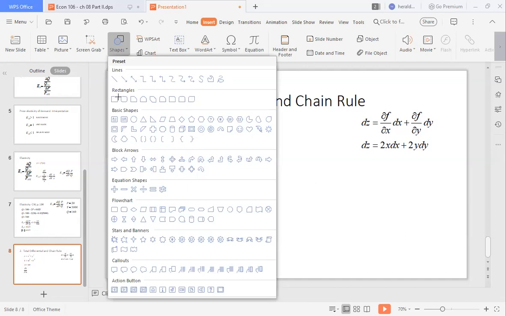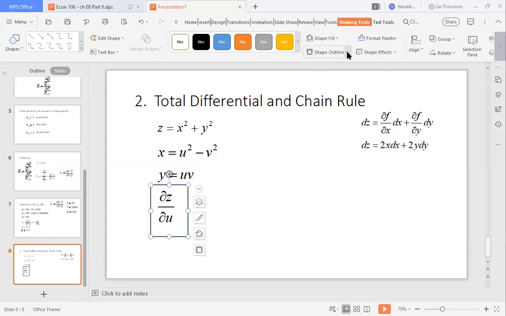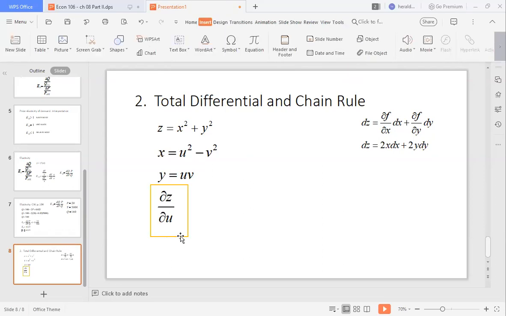So I'll just put this one as a highlight because this is important. So again, how will you get partial z, partial u?